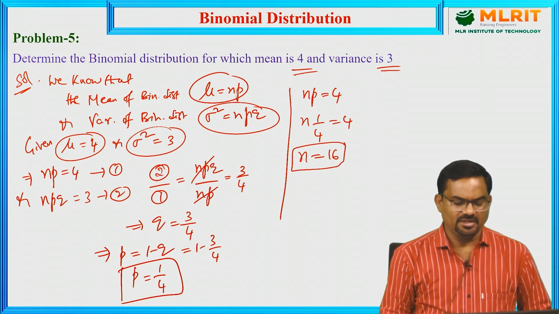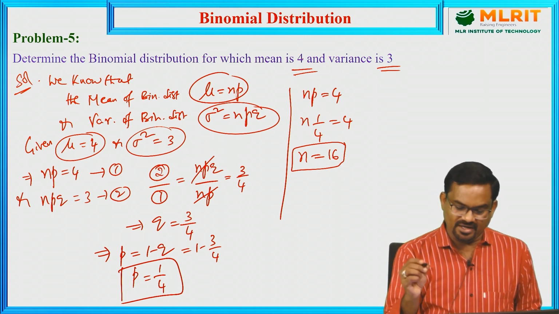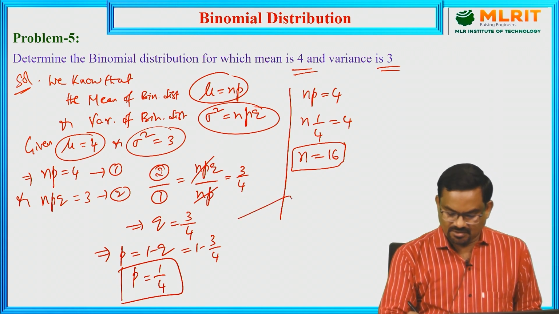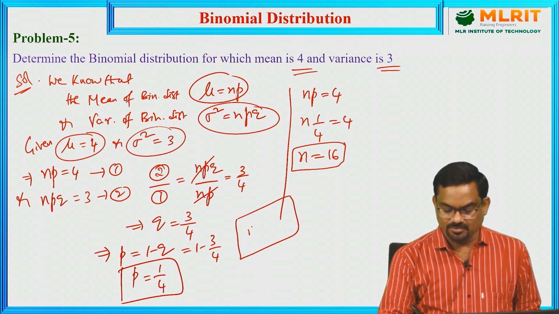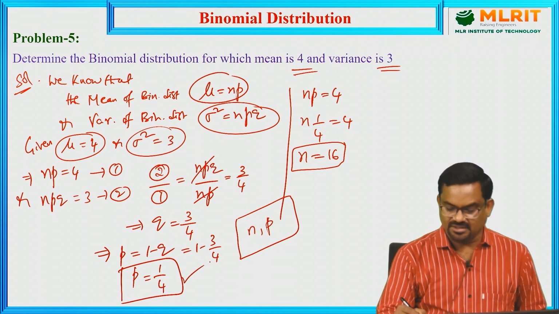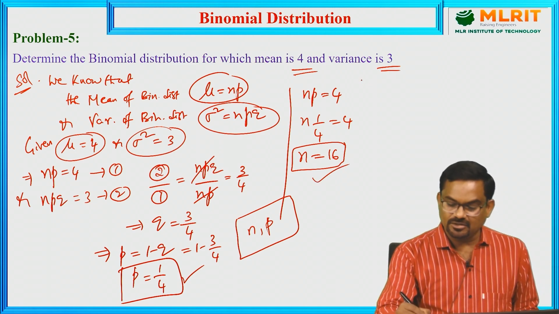So determine the binomial distribution with mean 4 and variance 3. To find the binomial distribution, the main parameters are n and p. That's why we have calculated p first, then using p, n is also obtained. Now what is the binomial distribution?